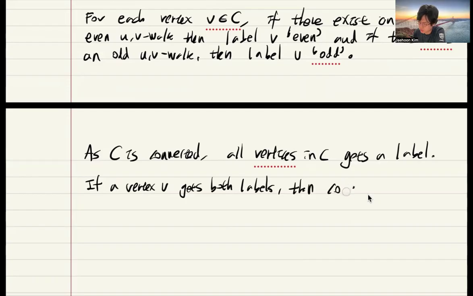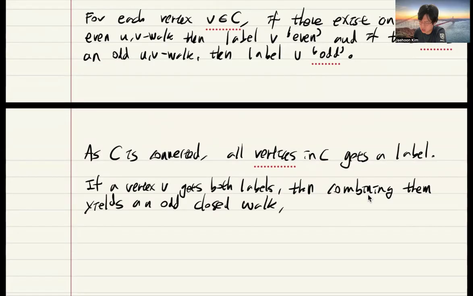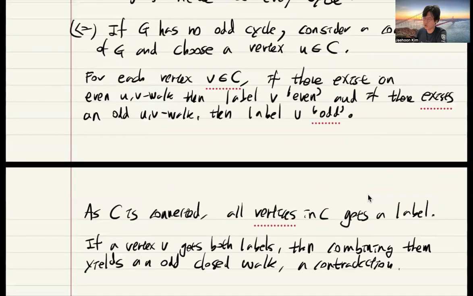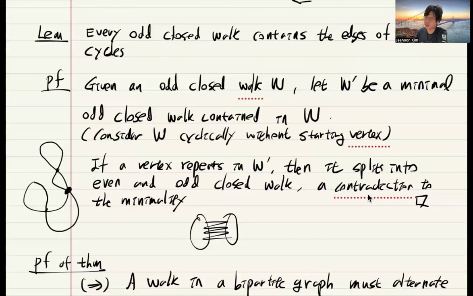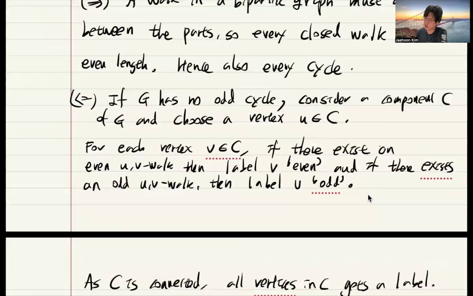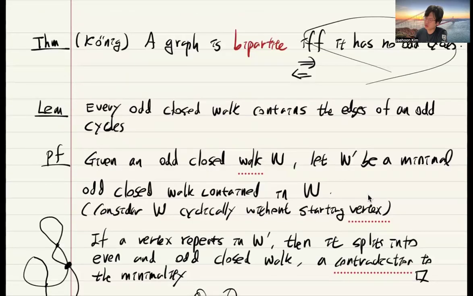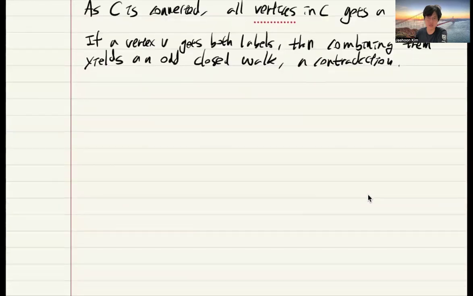You have an odd walk from u to v, and an even walk from u to v. Then you can combine those two walks. That yields an odd closed walk, which is a contradiction. Because if you have an odd closed walk, then this lemma says that there exists an odd cycle, but we assumed that there are no odd cycles.